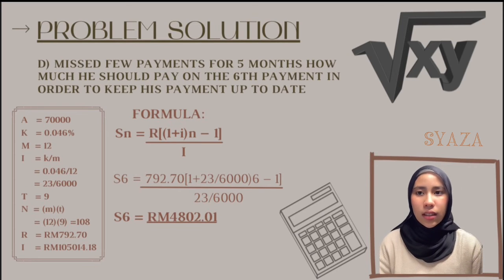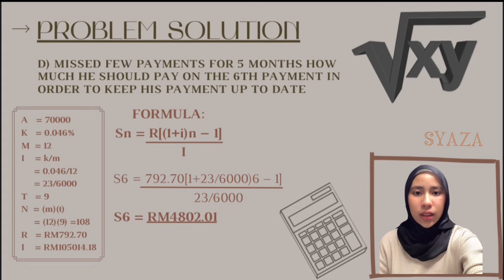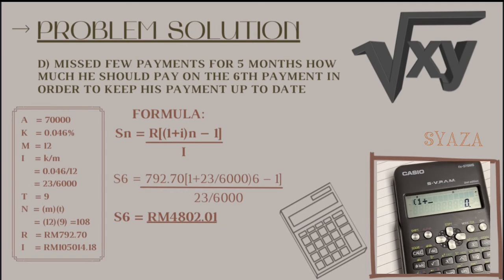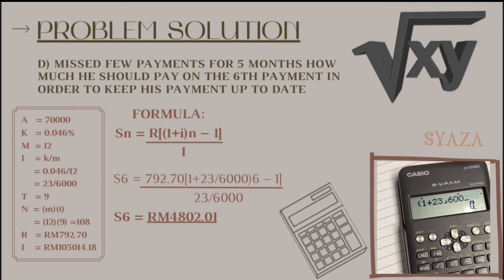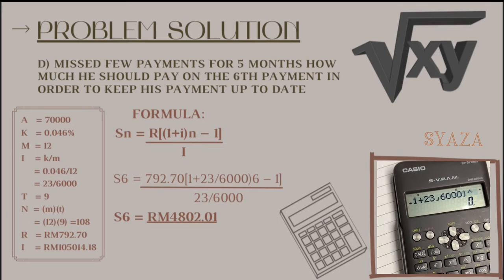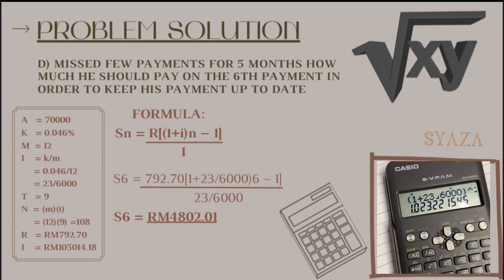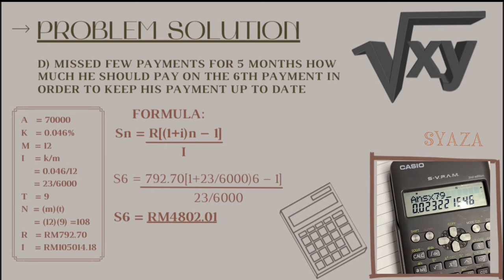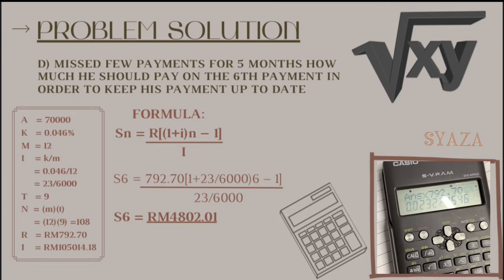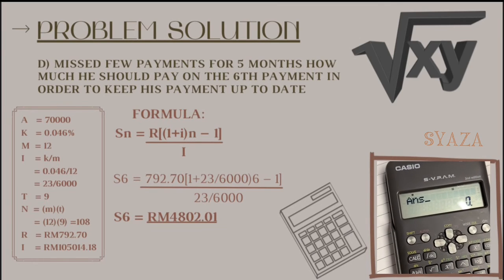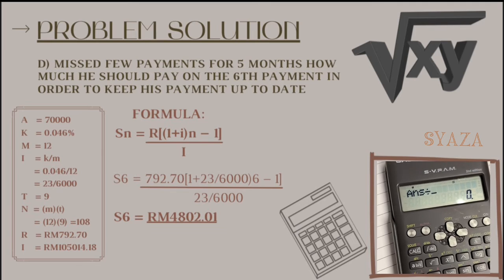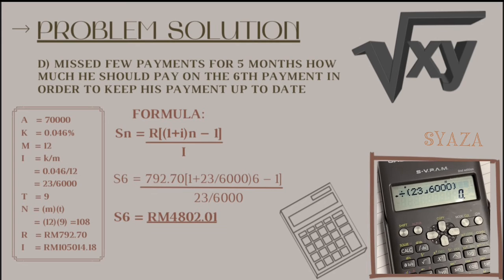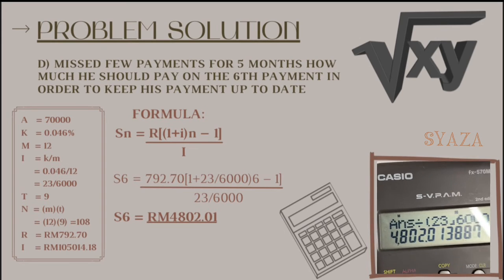This is the formula and this is how we do the solution. So 1 plus 23 over 6,000 to the power of 6, minus 1, multiplied by 792.70, then we divide by 23 over 6,000, and this is the answer.